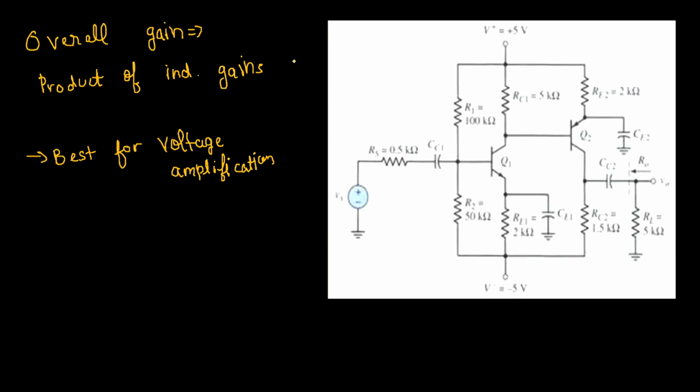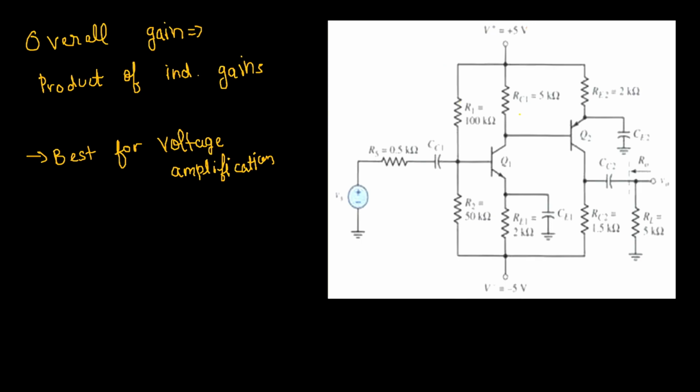So this is the cascading amplifier. Cascading amplifiers are used primarily for voltage amplification, and they are the best for it.